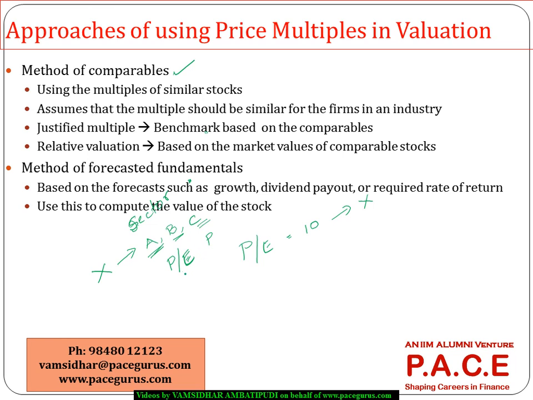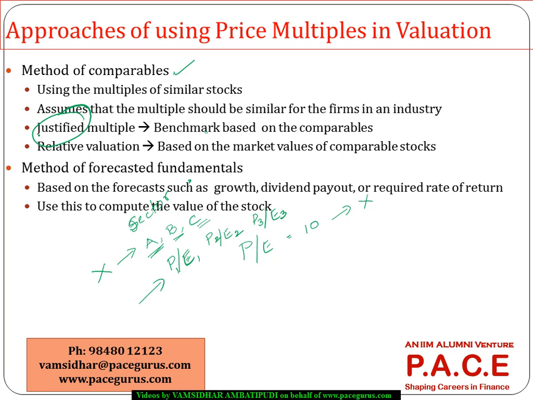Find out the multiples of each of those companies by understanding their specific prices and their specific earnings. I'm just taking P by E as one such multiple. You find it out for each of the companies and probably use some kind of arithmetic on top of it, finally to say that for this company, this is the justified P by E ratio, the justified multiple.